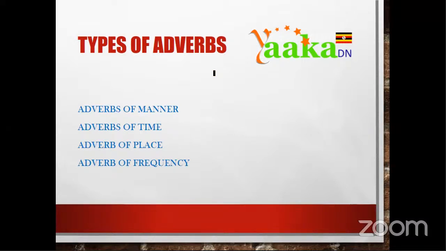Yes, how often an action happens, how many times something is done. Thank you. Sharifa. Adverbs of place show the exact place where something happened. Okay, thank you. Adverbs of place show where an action was done.